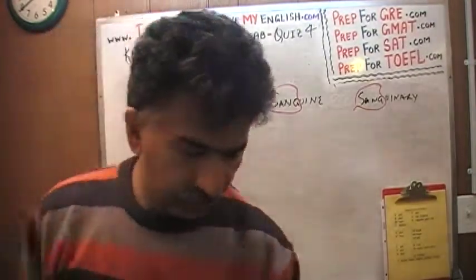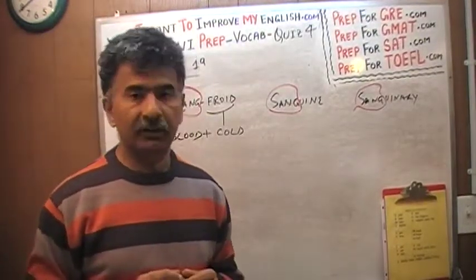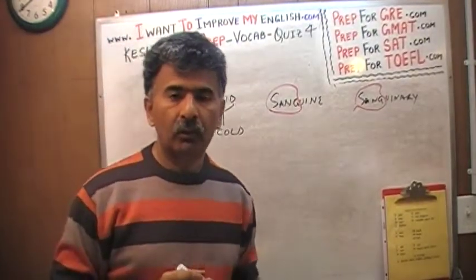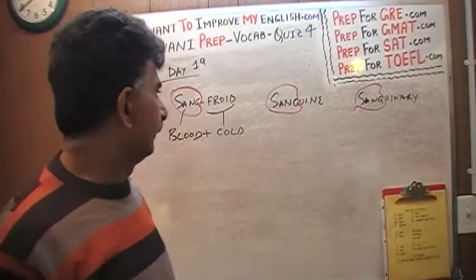So sang-froid literally means to have cold blood. Not as in English, as I explained before, not as in being cold-blooded, but to have cold blood as in you're calm, you're not angry, your blood is not boiling.